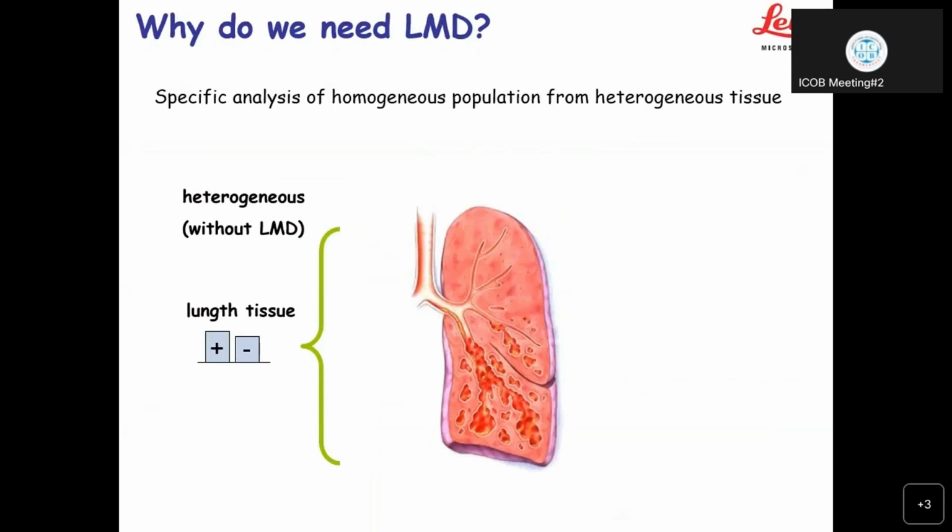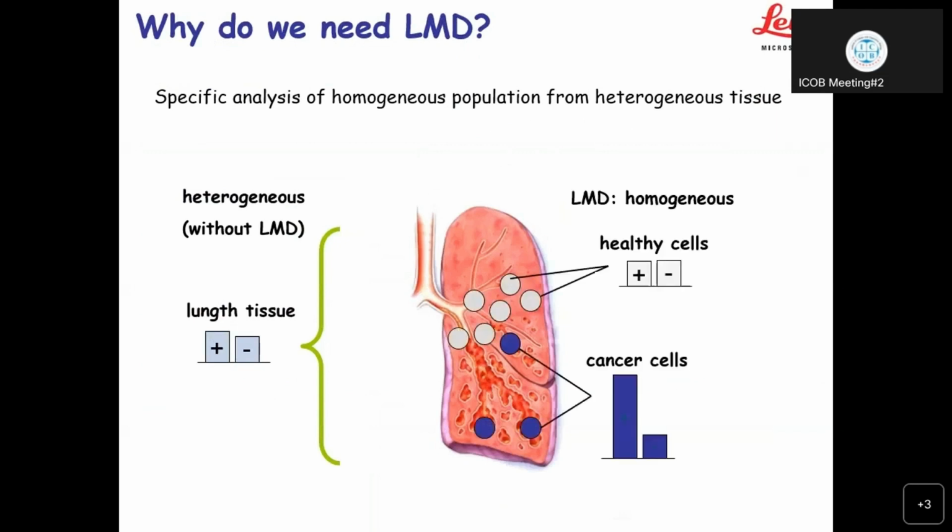And why do we need the LMD system? During surgery, for example, in case of lung cancers, the starting material that is collected and used for further downstream analysis, like DNA, RNA, protein analysis, is always heterogeneous with every tumor slide.